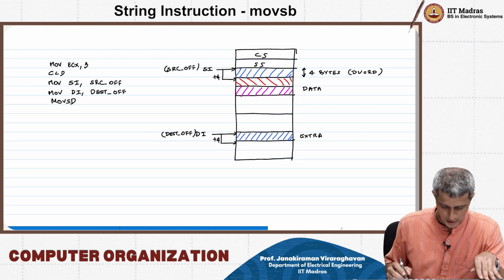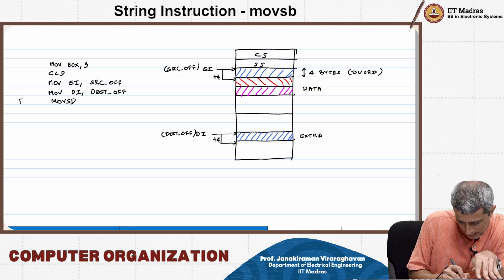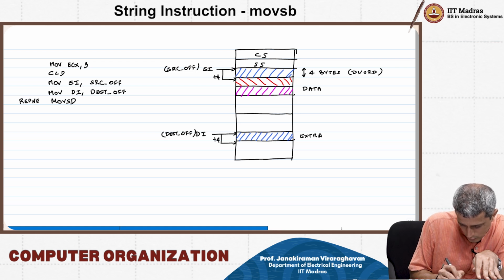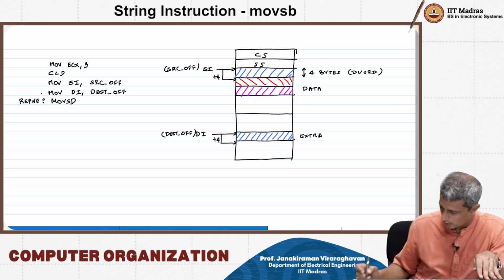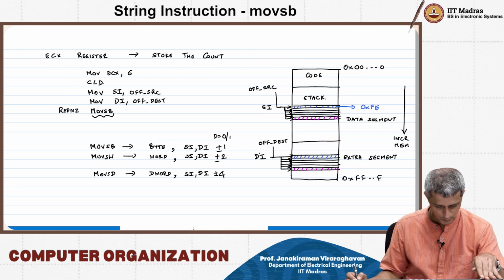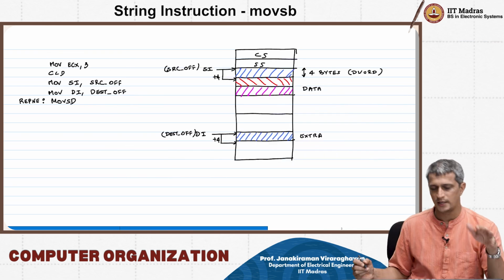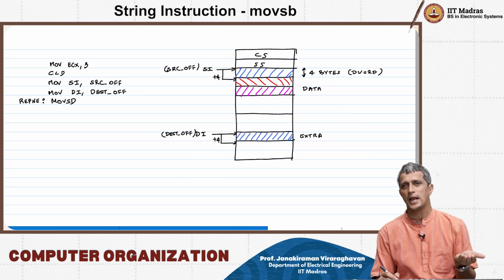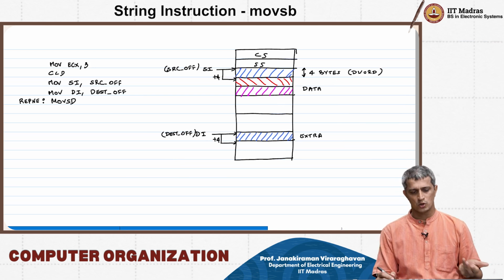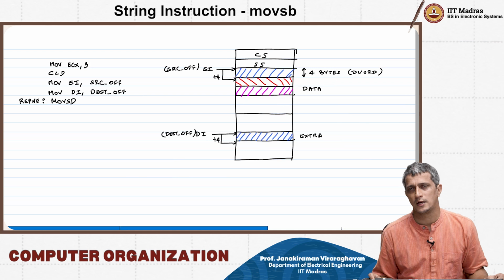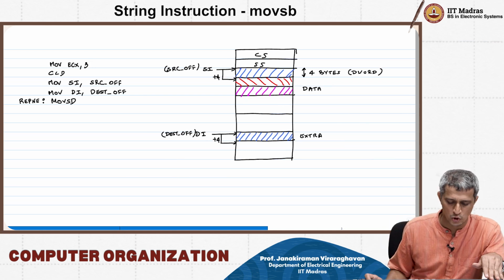So, that is going to happen, and then I can put the same REP NE, or REP NZ. By the way, instead of REP NZ, not zero, you can also use REP NE, not equal, right? So, you do MOVSD.